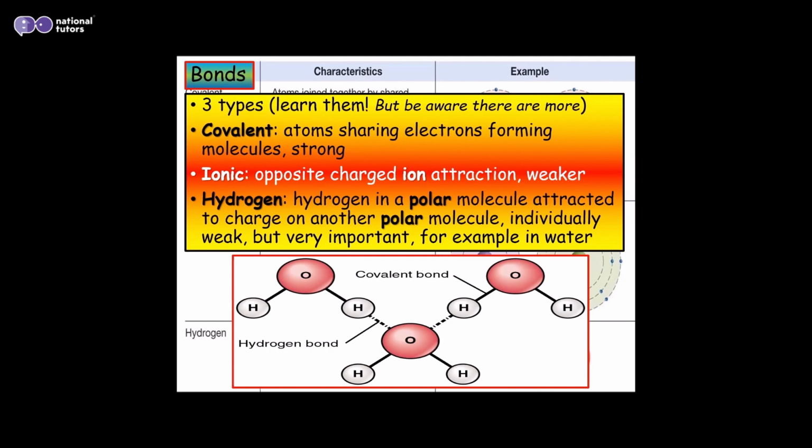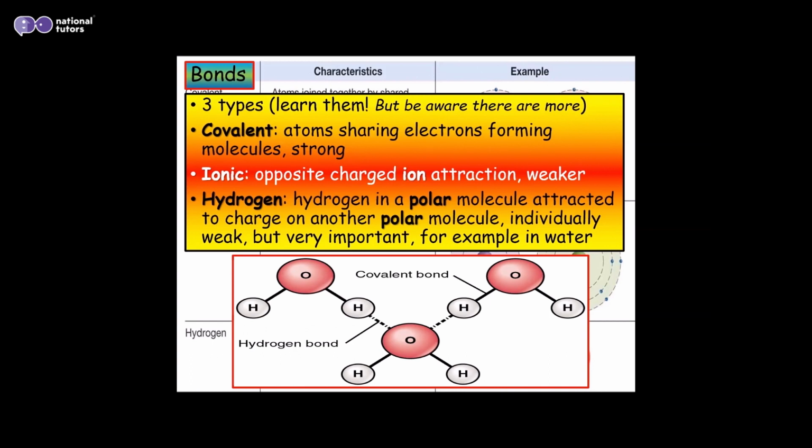Now, again, we don't need to know it in this much detail, but it's handy to understand that there's a couple of little floating electrons above the oxygen there, which the hydrogen is attracted to. And as you can see, we're forming a chain now, because the hydrogen is a polar molecule which is attracted to another polar molecule, and that is what gives water its properties.